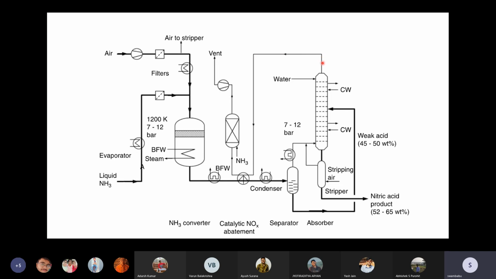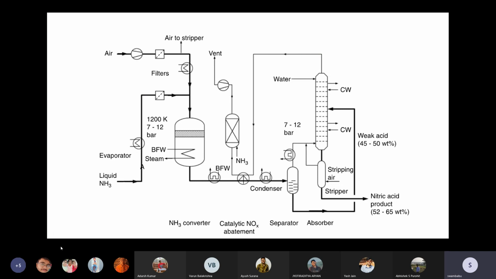We cannot simply dump them into the atmosphere because these NOx gases are highly toxic and hazardous, causing air pollution. So before we leave them into the atmosphere, they have to be converted to some other suitable form.